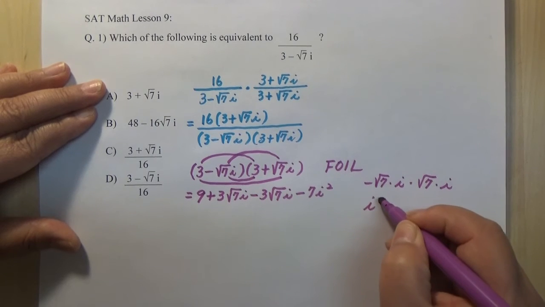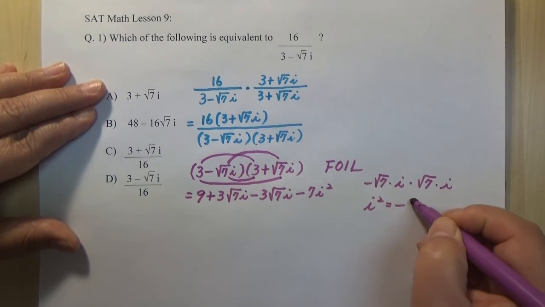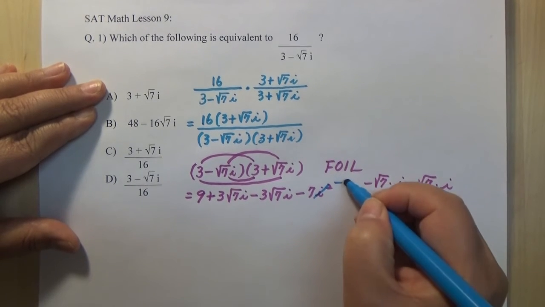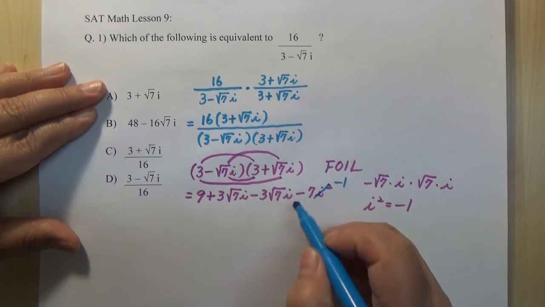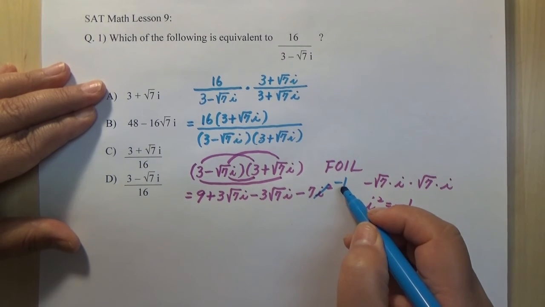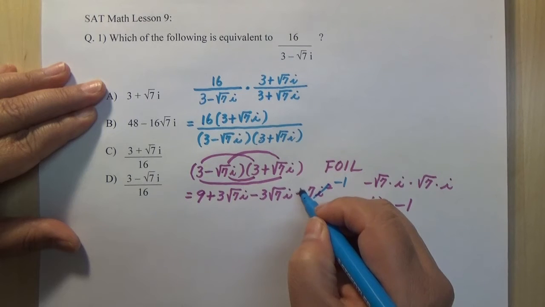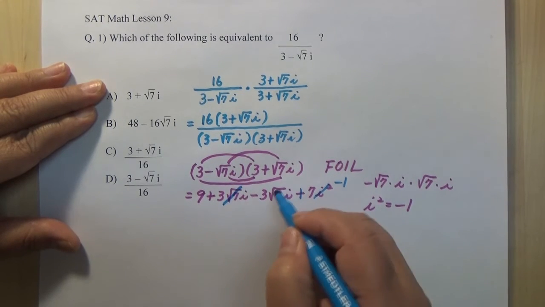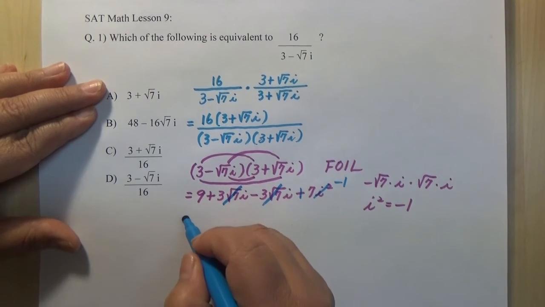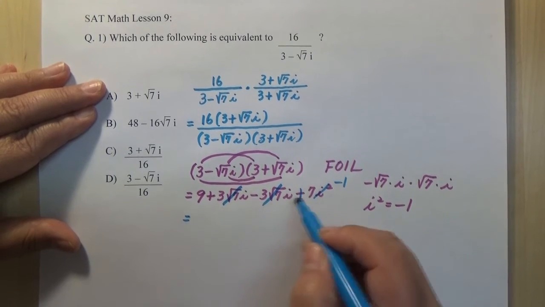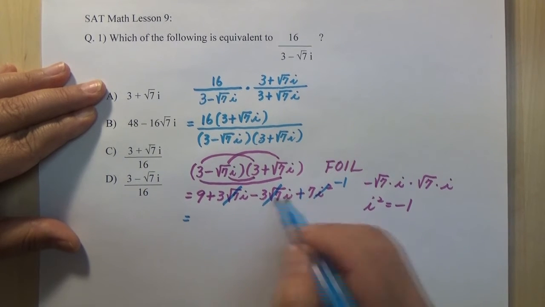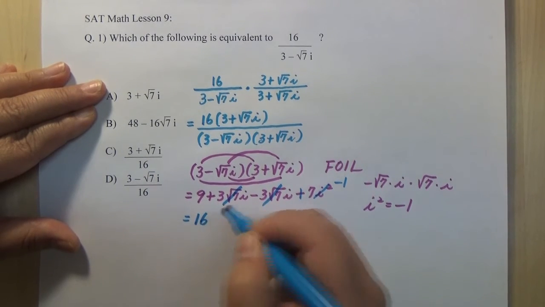And now we know i squared is negative 1 because of the definition. So I'm going to say this is negative 1, of course, right? And negative 7 times negative 1 will be positive 7. And then the middle parts will be cancelled. So this is going to be real number 9 plus 7, which is 16.